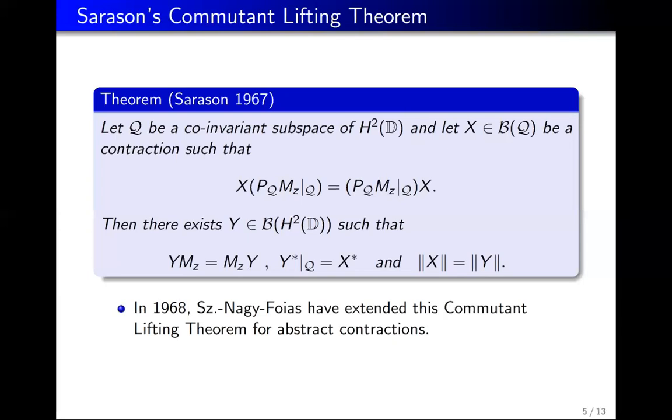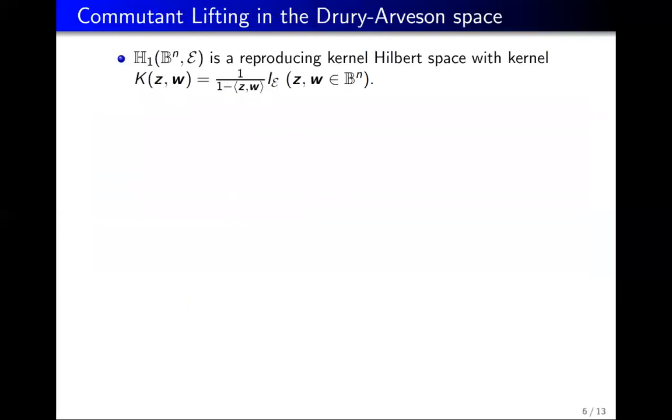as Drury-Arveson space. So let me simply define it. Let me define the Hilbert space first. This consists of holomorphic functions defined on Bn, where Bn will be the unit ball in Cn, and it's E-valued. E is some Hilbert space which is known as the coefficient space.